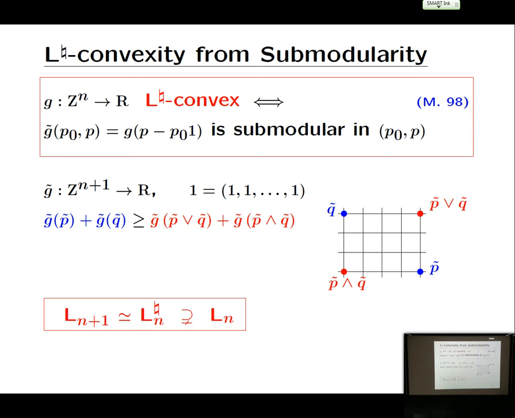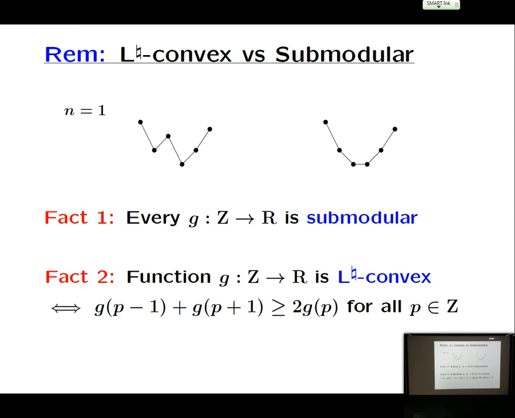And it turns out that, by definition, an L-convex function in n plus 1 variables is isomorphic to an L-natural convex function in n variables, but it turned out that it contains a class of L-convex functions. Okay? And here's a simple remark. What happens if there's only one variable? Is this function submodular? It is. This is a submodular function.